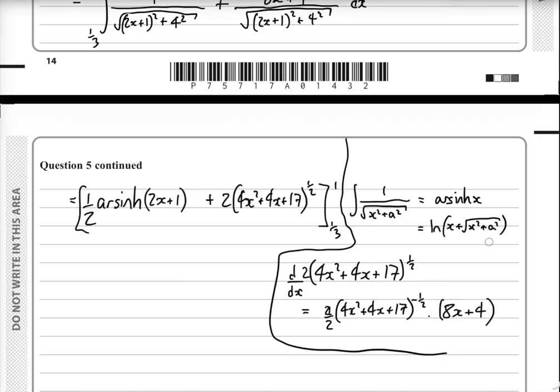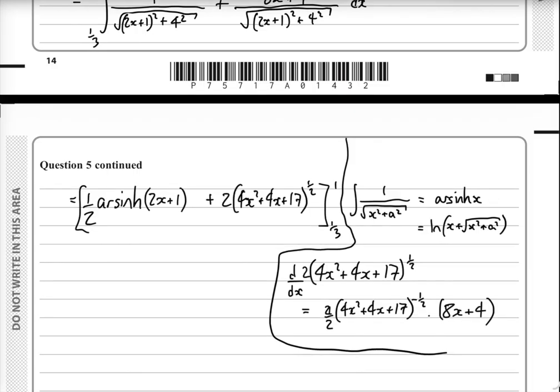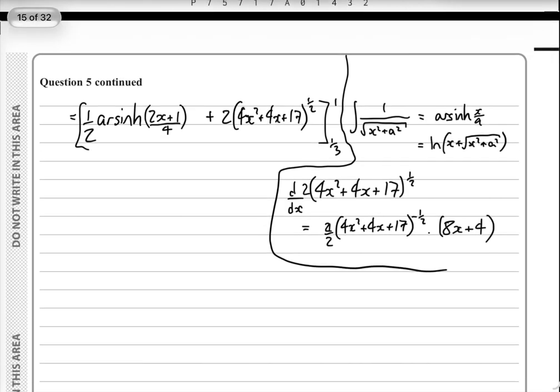And looking at this expression, I've just realized I must be missing an a somewhere. Yes, sorry, that should be x over a, which means this over here should be over 4. Almost a disaster. That would not have got me the right answer at all.